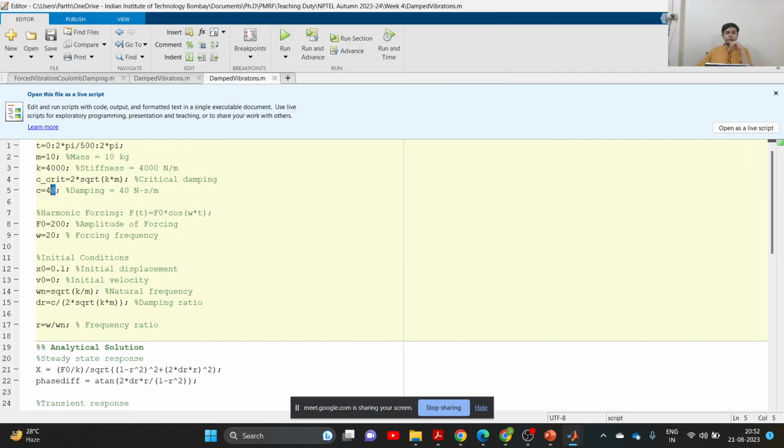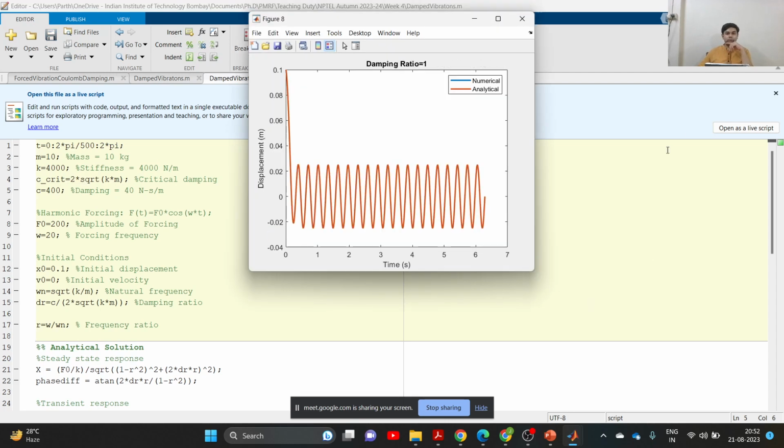If we go on increasing the damping, let us say instead of 40 we substitute 400, the damping ratio becomes equal to 1, which is a critically damped system. The amplitude rapidly decreases and then it settles down to a small steady value, which is like this.